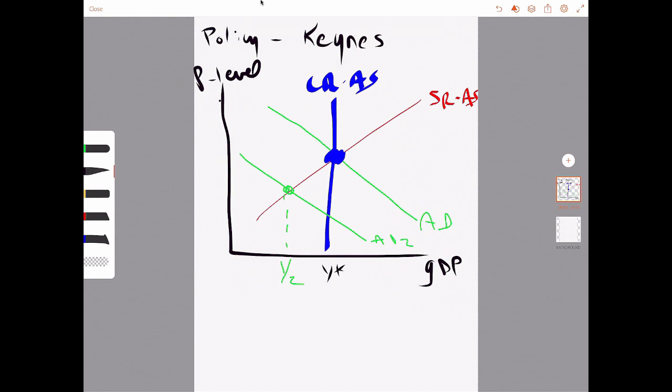Well, let's just do this. So we'll start at A, we go to B. Let's use policy to shift that aggregate demand curve, because remember, part of policy is government spending. So Keynes says, let's use policy to shift that curve.